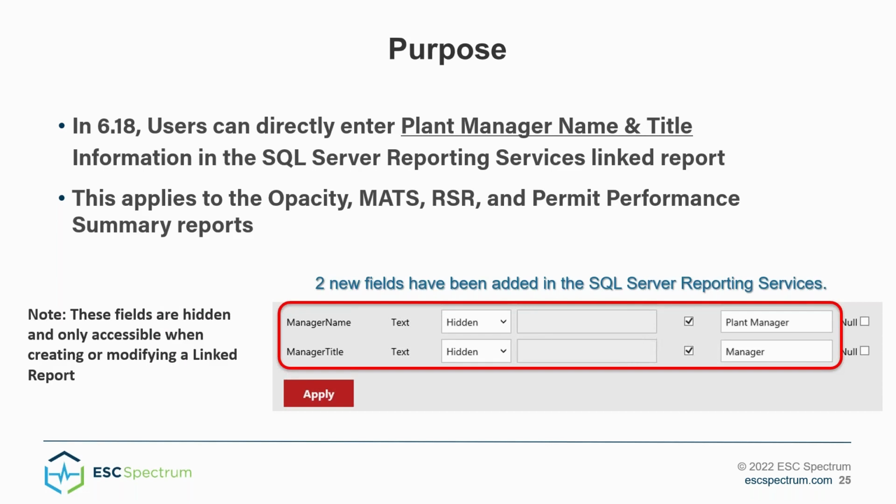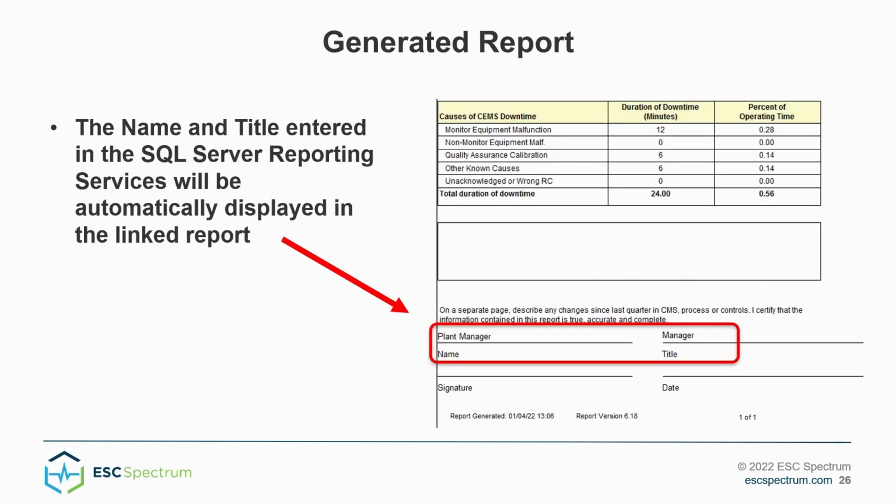This applies to the opacity, MATS, RSR, and permit performance summary reports. And these fields are hidden and only accessible when creating or modifying a linked report. When the linked report is generated, the name and title will automatically display in the linked report.